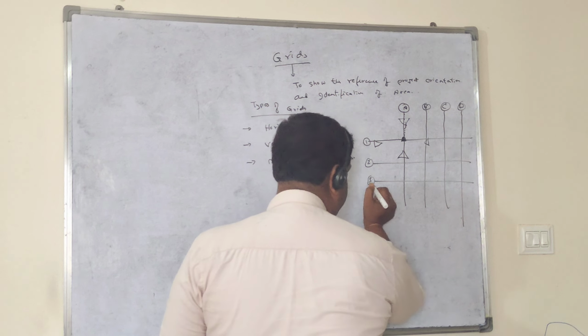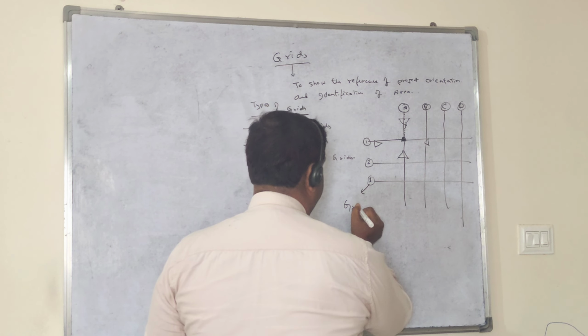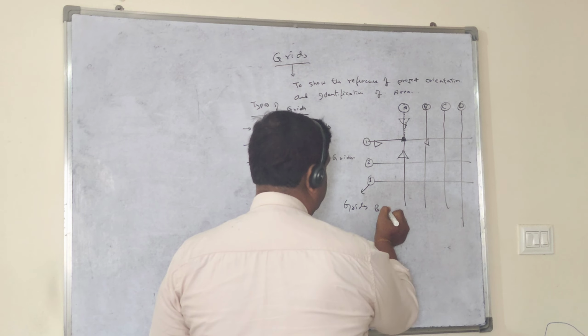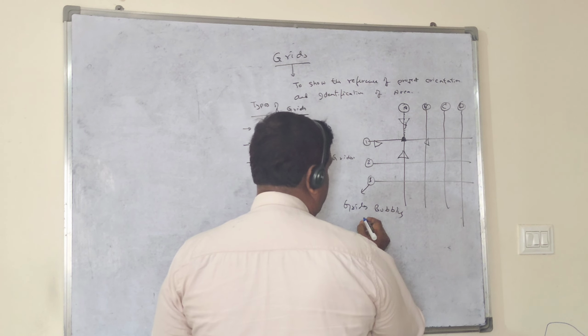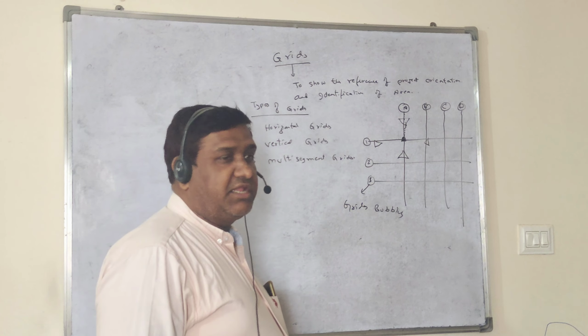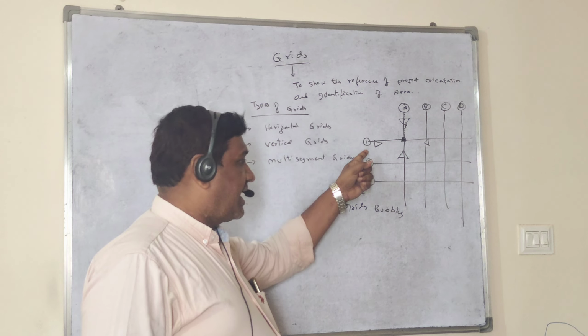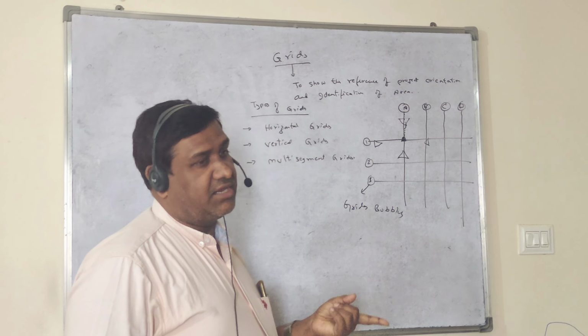Okay, so here these are grid bubbles. Bubbles can be identified in two ways, either alphabetical or numerical.